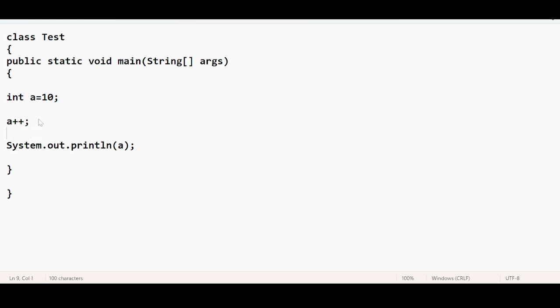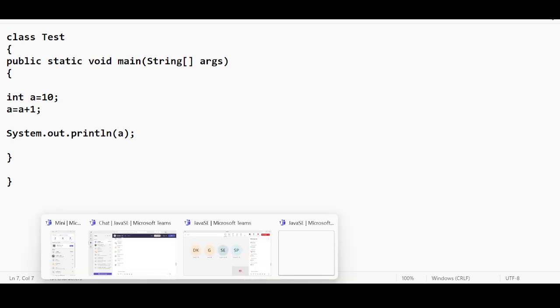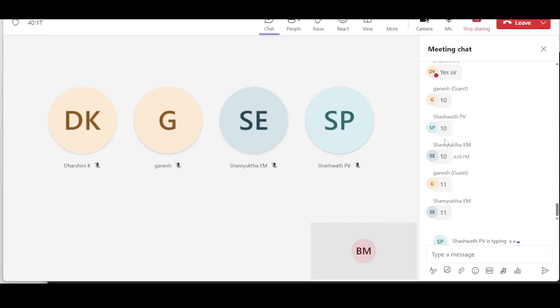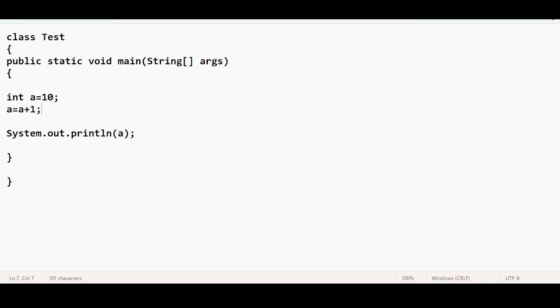To understand this, let us make some small changes. A equal to a plus 1. Now what is the answer? Answer, 11. Good. What you have answered is correct.